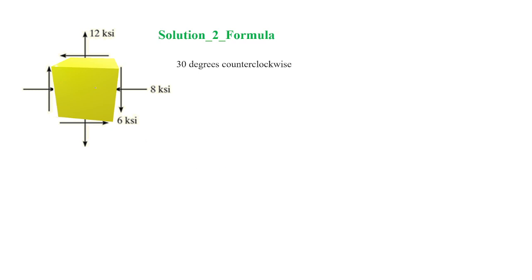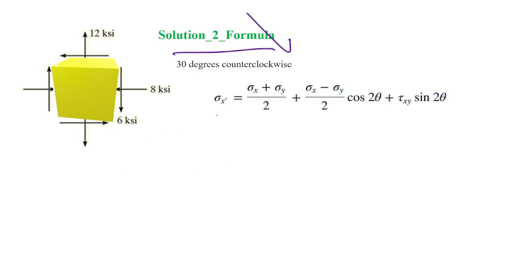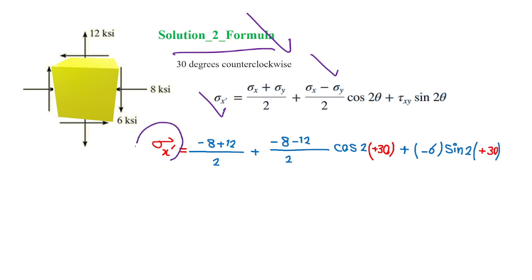But this time we want to make it a bit easier with the formula. So sigma x prime is, using this formula, and that gives us sigma x prime equal to, just don't forget to follow the sign.